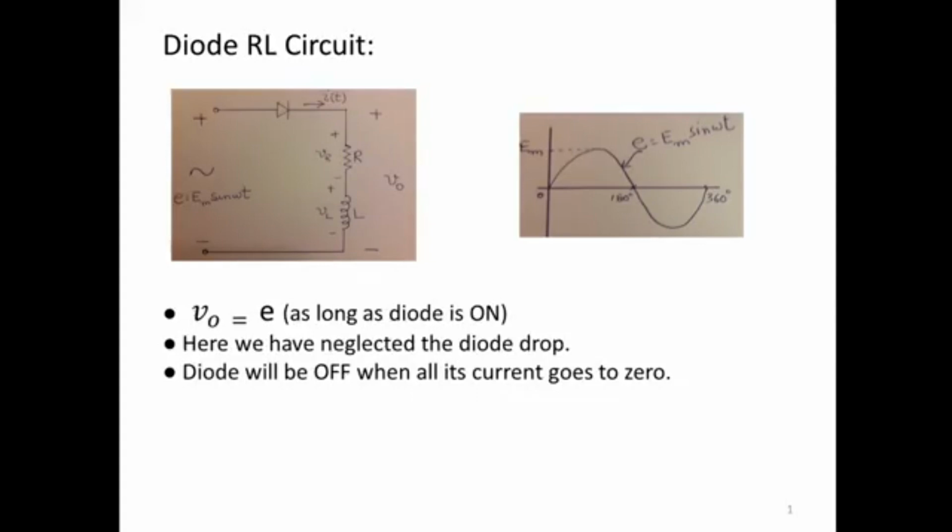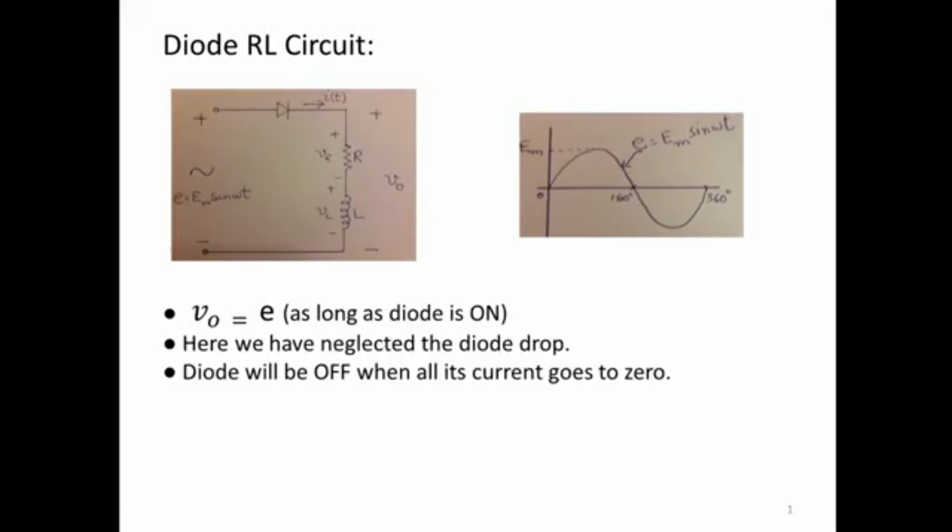Now here the question arises: at what instant will the diode be off? I think your answer might be that the diode will be off when a reverse voltage is applied across it. Wrong.